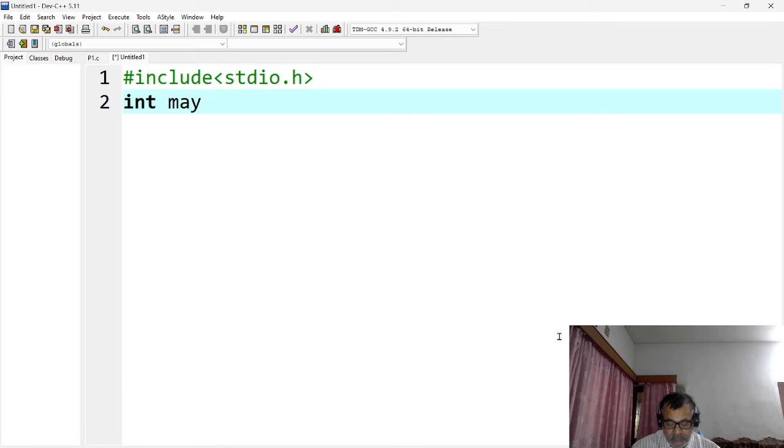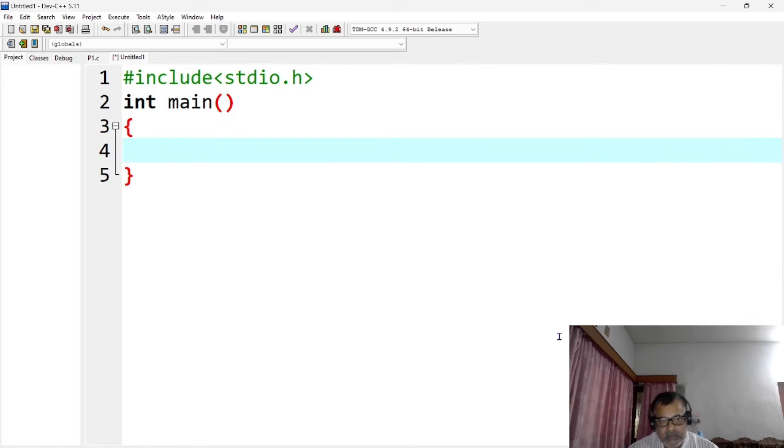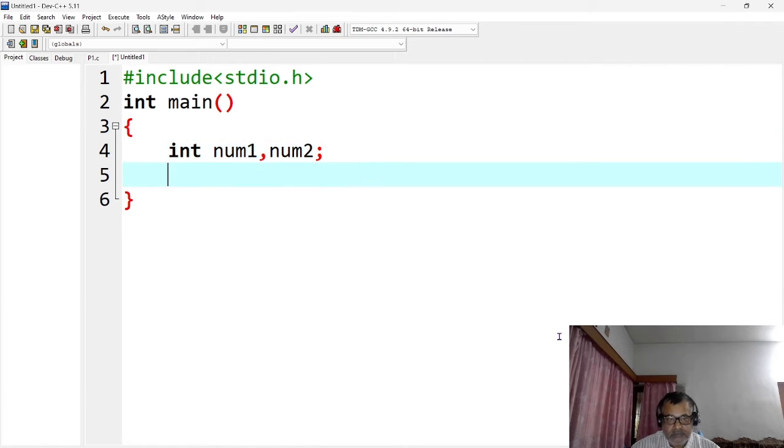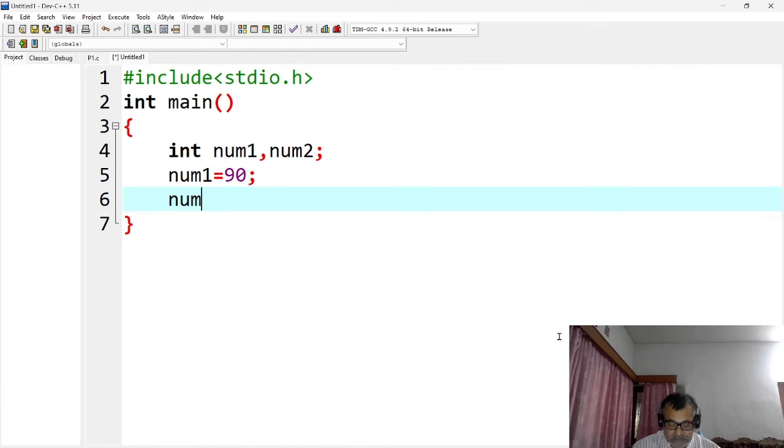Just I want to write some expressions on the compiler so that we can get confidence that what we have discussed is correct. Int num1 and num2. Now I want num1 equal to 90 and num2 equal to maybe again 75.